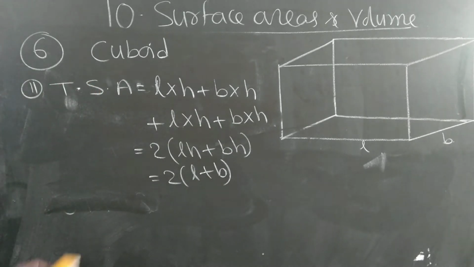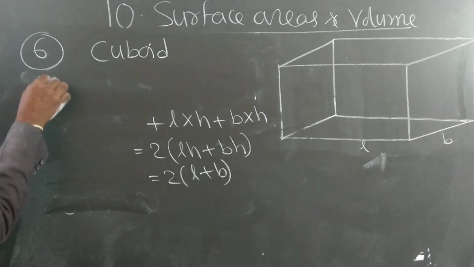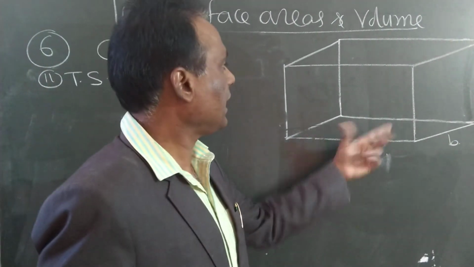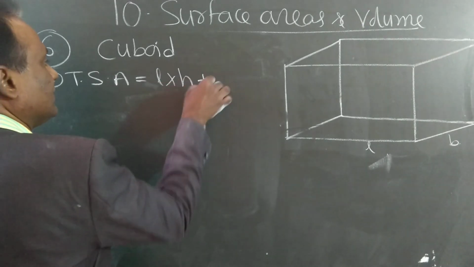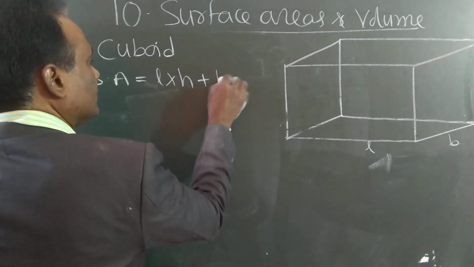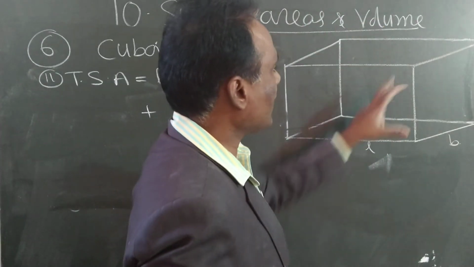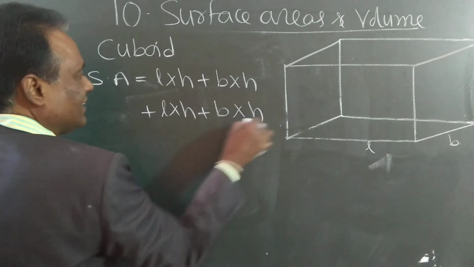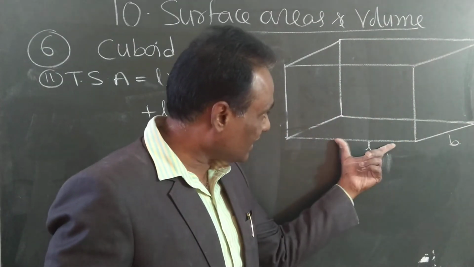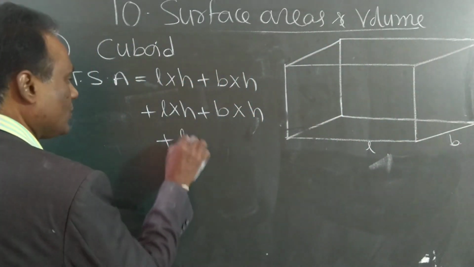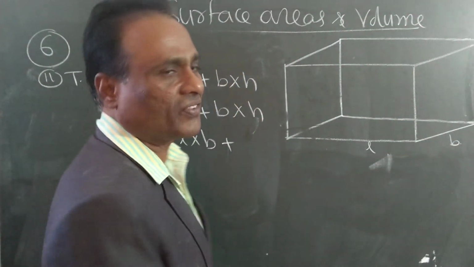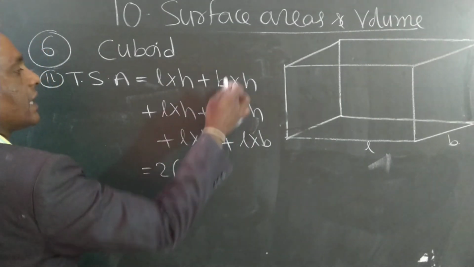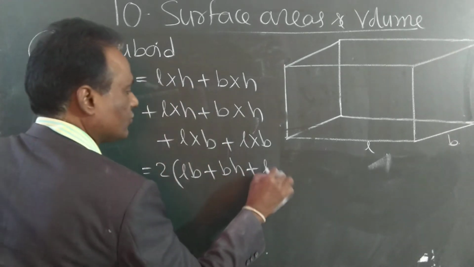Now total surface area. See here: L into H this area, B into H this area, backside area also L into H, this side area B into H. Plus base is L into B, and top area also L into B. So it is 2LB plus 2BH plus 2LH.